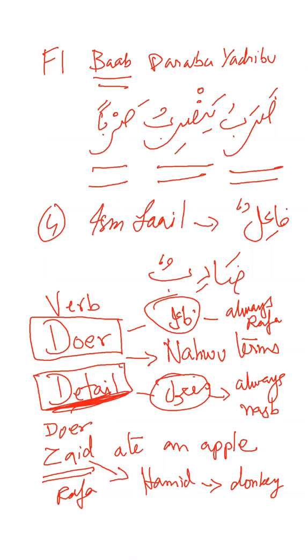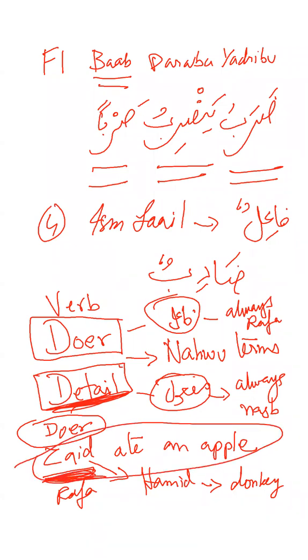Anything, basically. There's no set pattern. Anything that is doing the action can be a doer. So this is the role. Here by doer we mean the role of Zaid in this sentence. So this is Nahu, right? Now, can I delete this? Have you got this? Yes, sure.